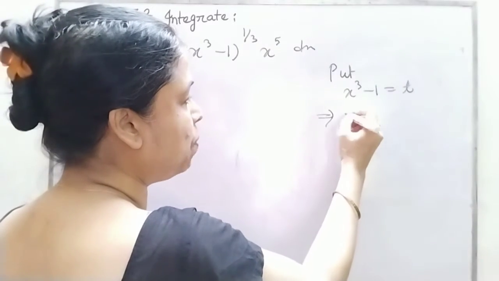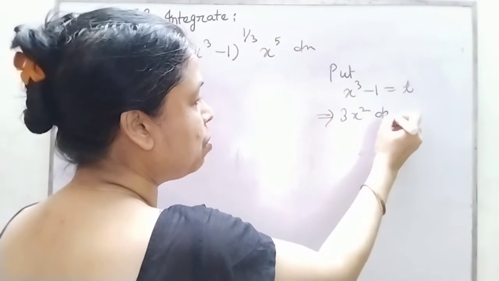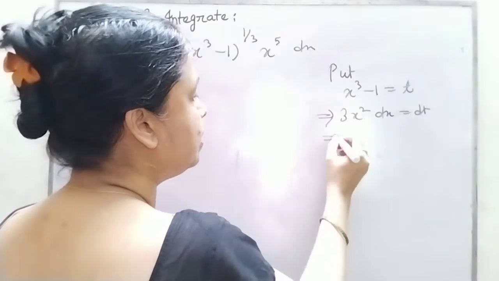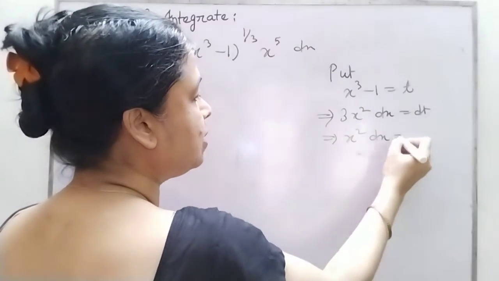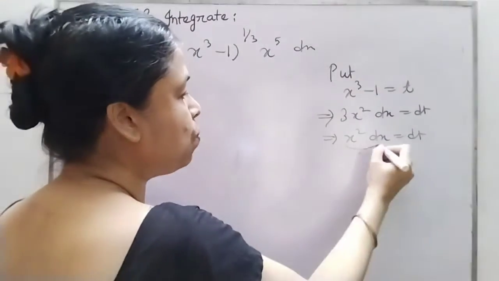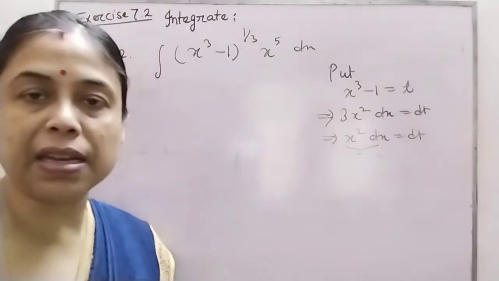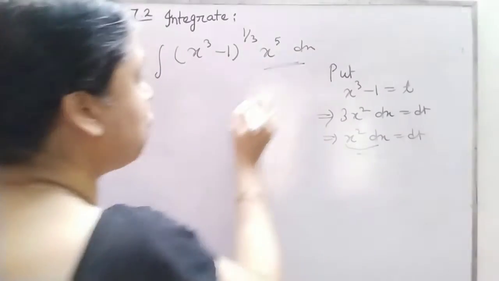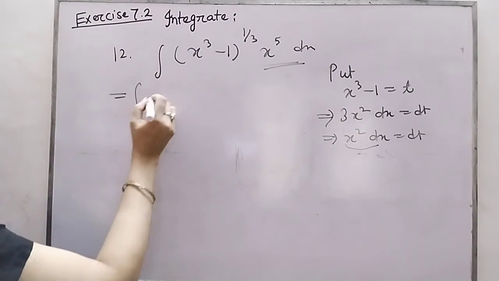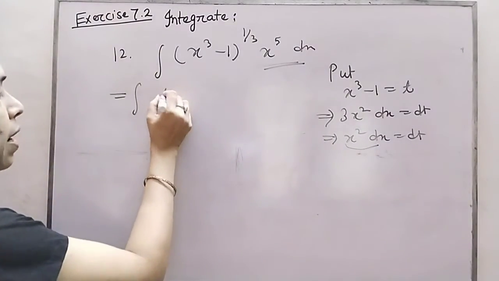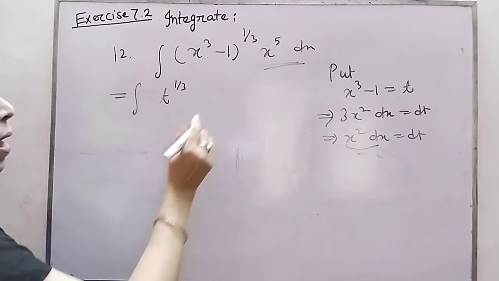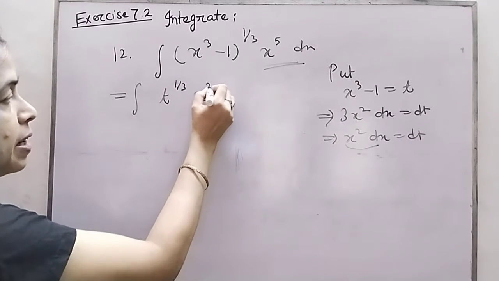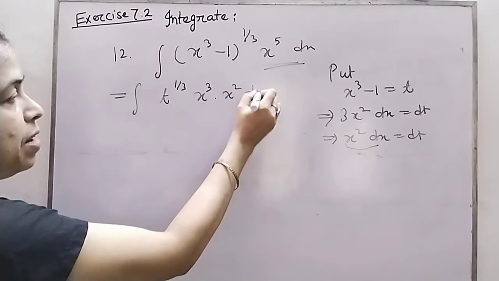Taking the derivative gives 3x square dx equal to dt, that is x square dx equal to dt. But you see, x square into dx is not directly present in the integrand, is it? But we can convert x to the power 5 into the form x cube into x square into dx.